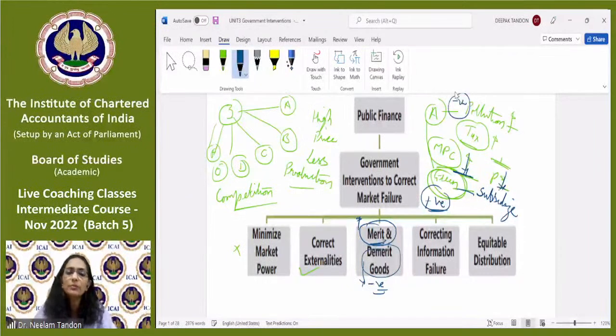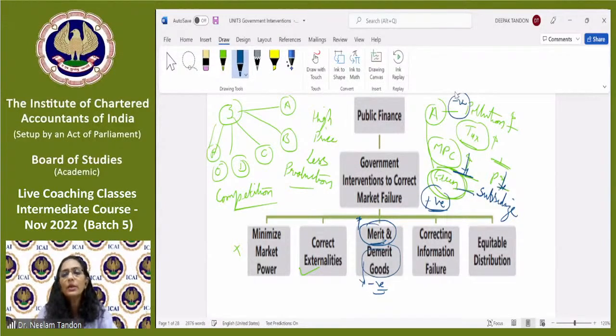Then equitable distribution. What is equitable distribution? Equitable distribution is giving benefits to underprivileged sets of people, giving them reservation, subsidized food, subsidized kerosene, cylinders, preference in jobs, unemployment allowances, taking care of marginal sets of people, marginal farmers.